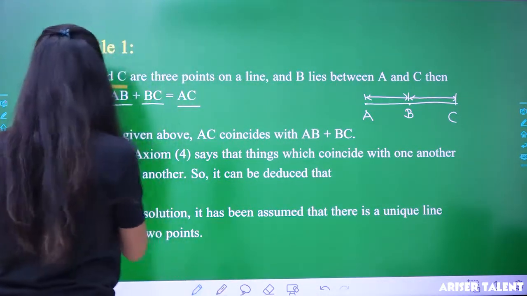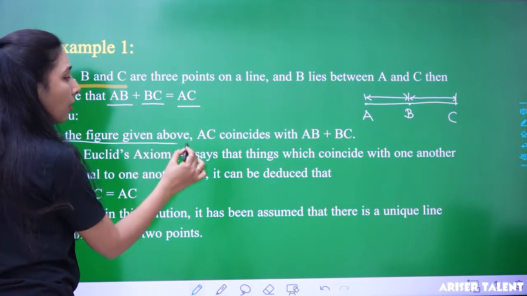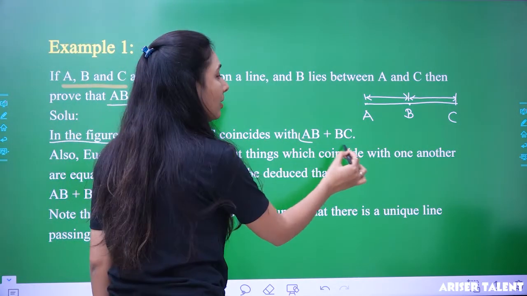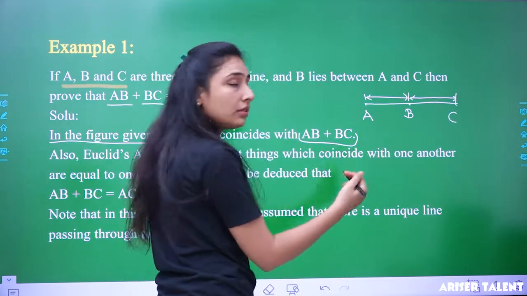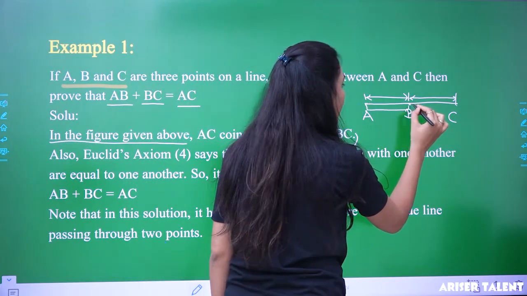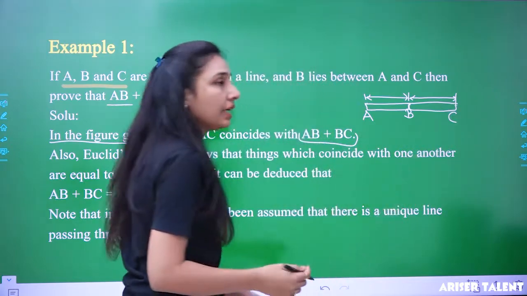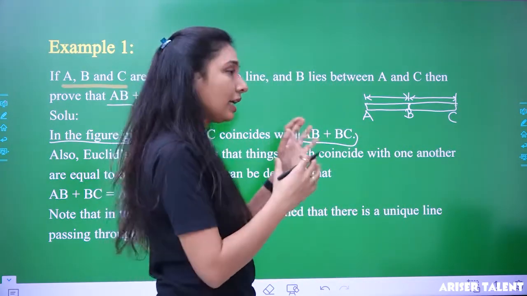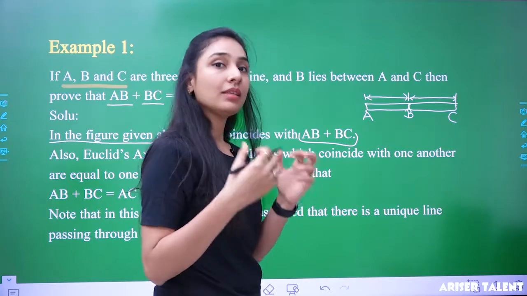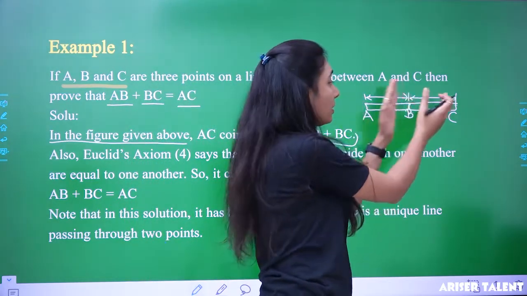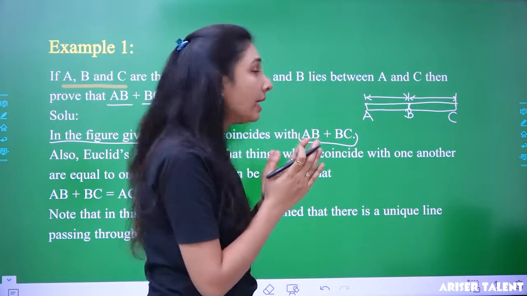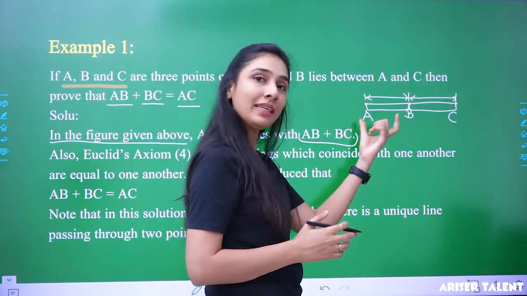So in the figure given above, AC coincides with AB plus BC. If you have two parts, AB separate and BC separate, and you overlap these two parts with this complete line, then it coincides with the complete line.